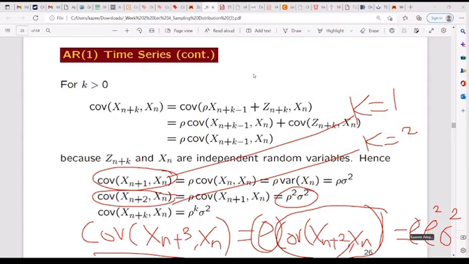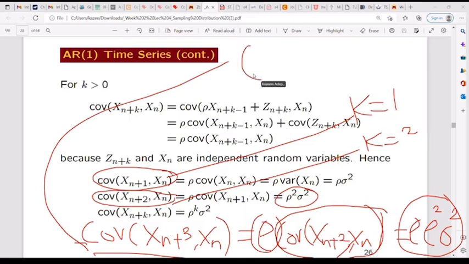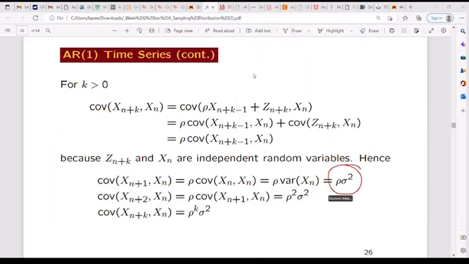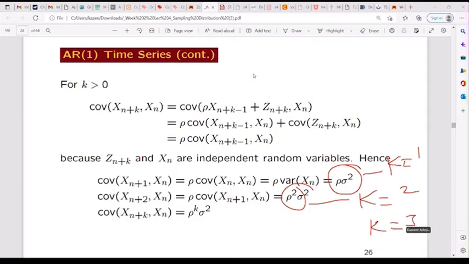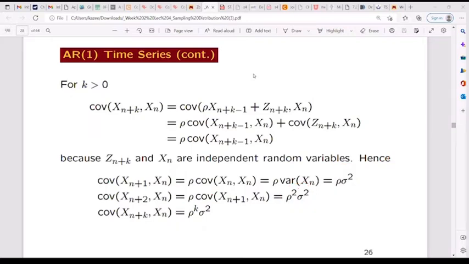What do I get now? This is basically going to give me rho raised to power 3 sigma squared. Now that's a pattern. When k equal to 1, we got this; for k equal to 2, we got this; for k equal to 3, you're basically going to get rho cubed sigma squared. When you continue to k, this is going to be the general formula. Look at that, that would be a generalization.